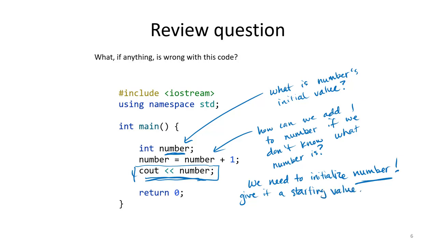Otherwise, our compiler may return an error. Our compiler may assume that number is 0 initially, or the compiler might just return some random data that happened to be in number's memory. So always remember to initialize your variables before doing math with them.